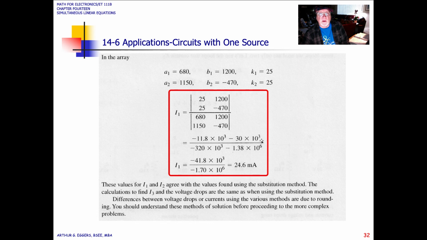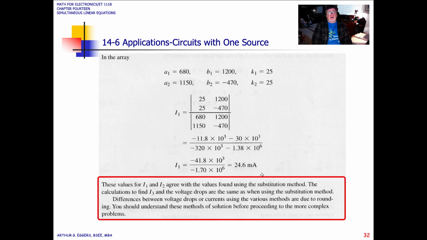We do our expansion, this times this minus this times this. We end up with the expansion and are able to solve for current I1 then just by doing the math, 24.6 milliamps.